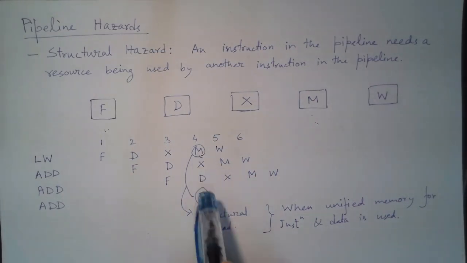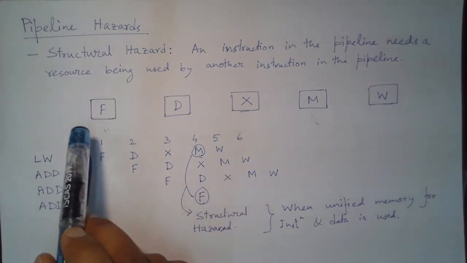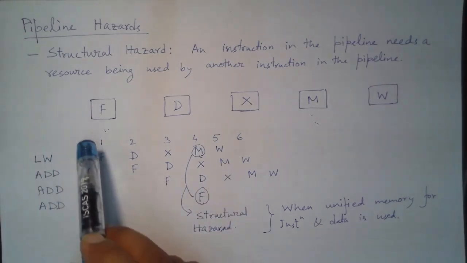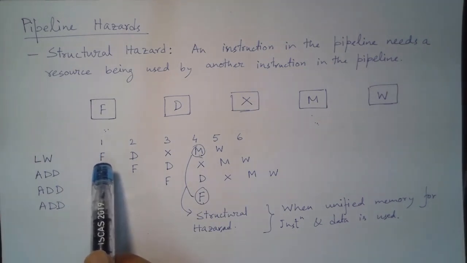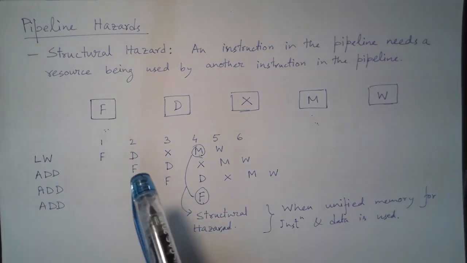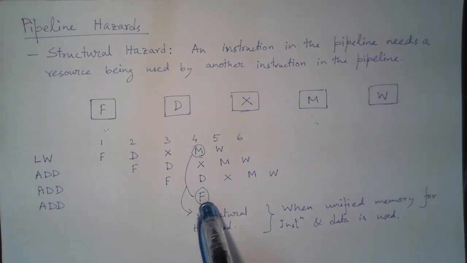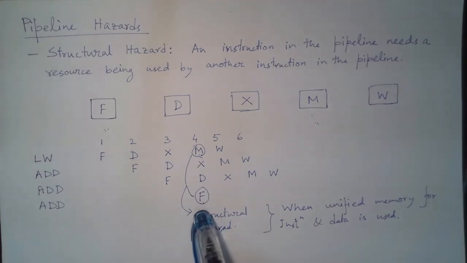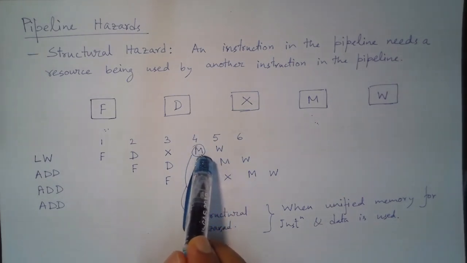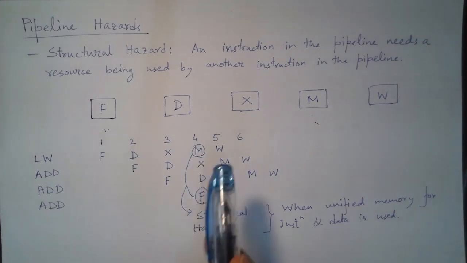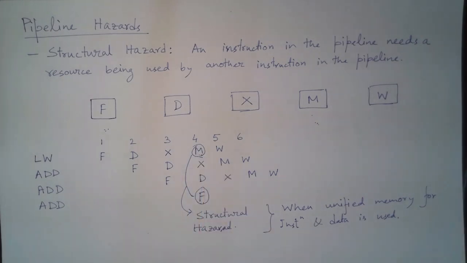For the structural hazard part, we have already understood that if I have unified memory, so basically the instruction memory and the data memory are the same, then the instruction which we are trying to fetch in cycle number 4 will try to access the same memory which this load instruction is trying to, let's say, load the data from.